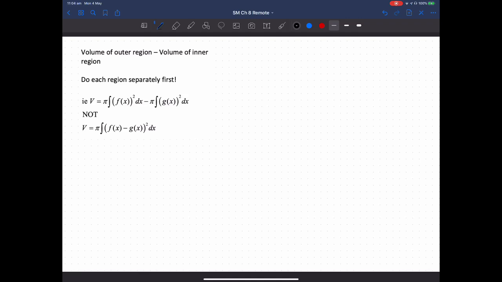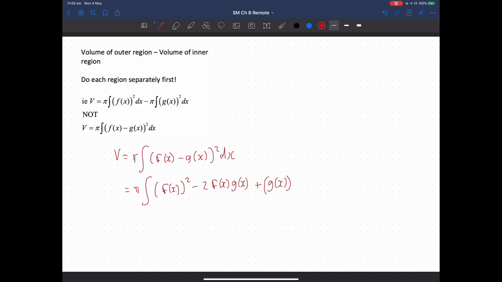If you consider V equals pi integral of f(x) minus g(x), all squared dx, if I expanded that bracket, what I would get would be f(x) all squared minus 2 times f(x) times g(x) plus g(x) all squared.